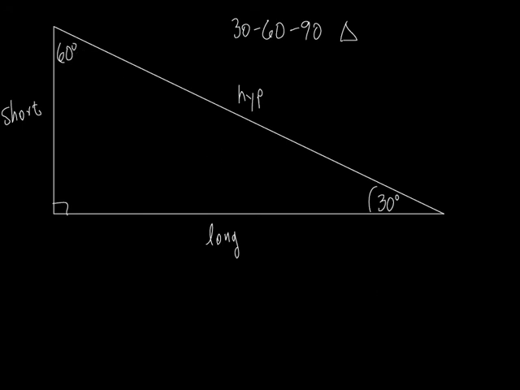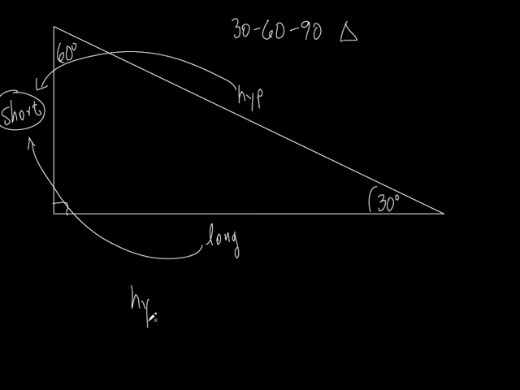Okay, enough of that. Now we have two things to learn about this. And the key is the short side. Both of these relate to the short side. The hypotenuse has a relationship with the short side, and the long side has a relationship with the short side. The short side is the key here. All right? So let's do the easiest one first. Which one I think is easiest?